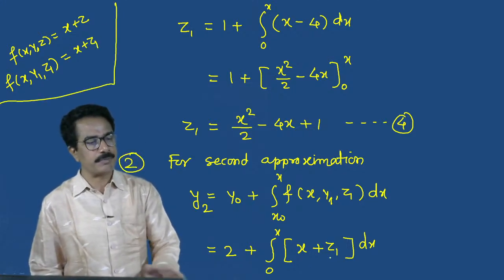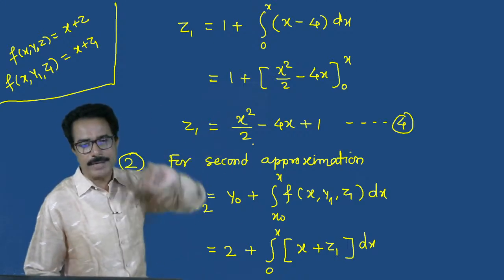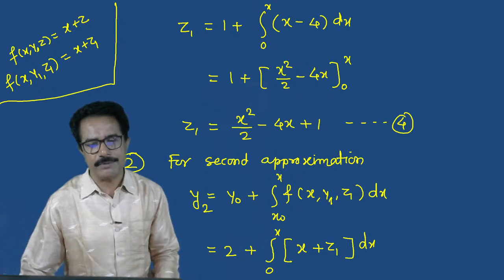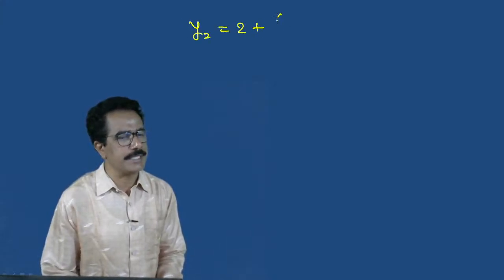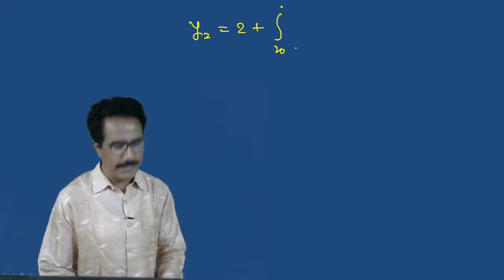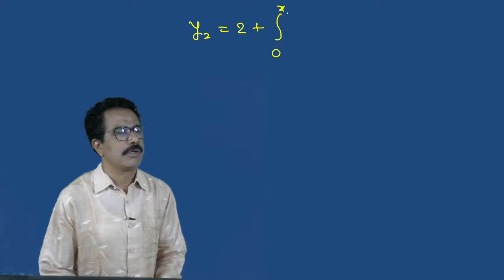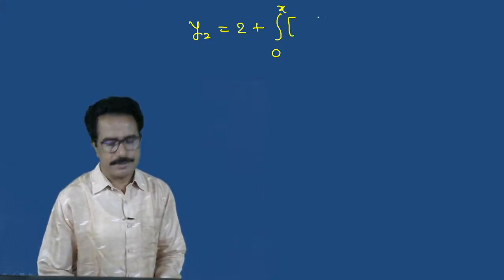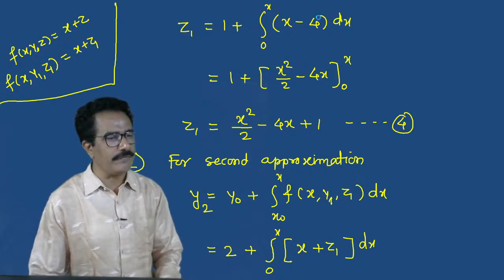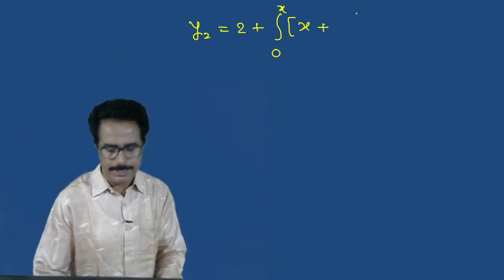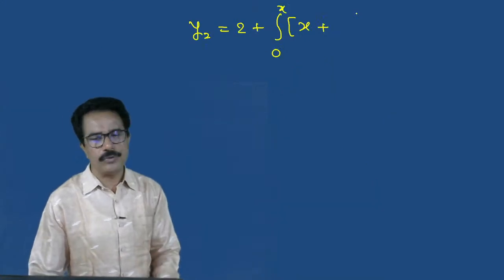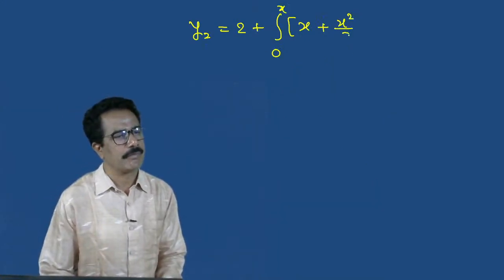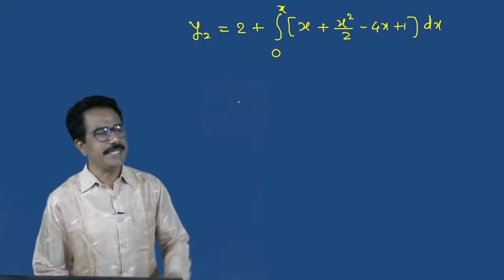So we can put x plus z1, but we know the value of z1, what is the value of z1, so we can put the value. So y2 is equal to 2 plus integral from x0 to x, x0 means 0 to x, x as it is, put the value of z1, x plus z1 means x square by 2 minus 4x plus 1 dx. Okay, fine, now take its integration, students.